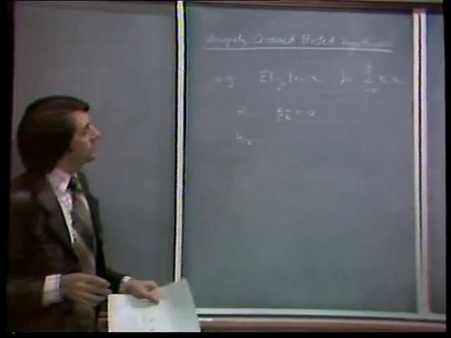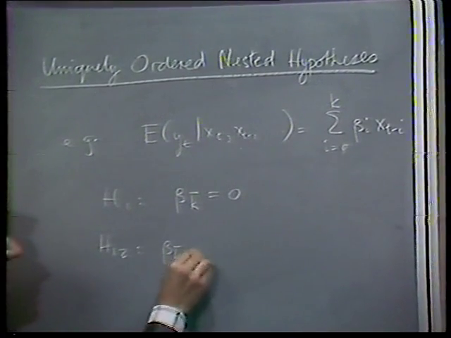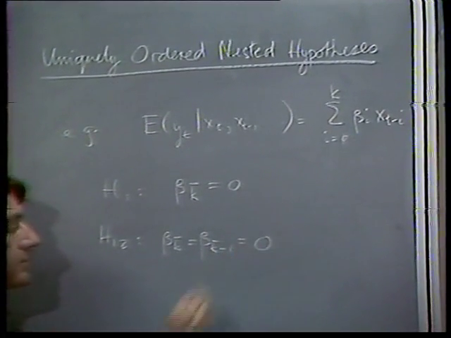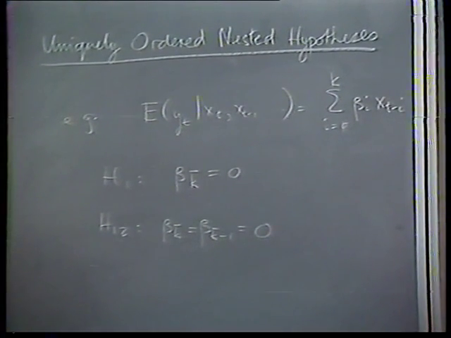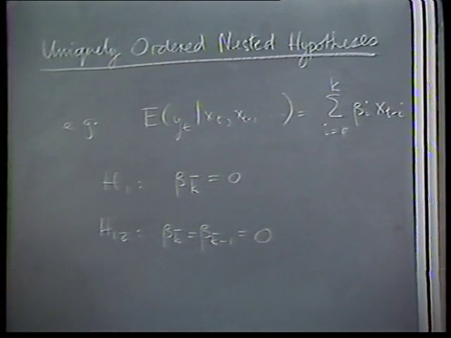The second hypothesis, which is now composite, is that both beta k bar and beta k bar minus 1 are 0. And this is equivalent to saying that the order of the distributed lag is now at most k bar minus 2.